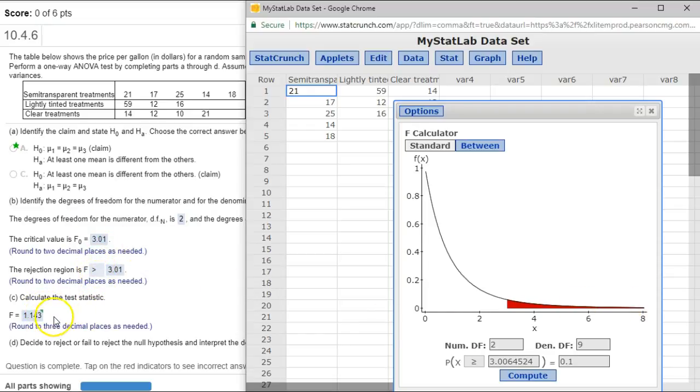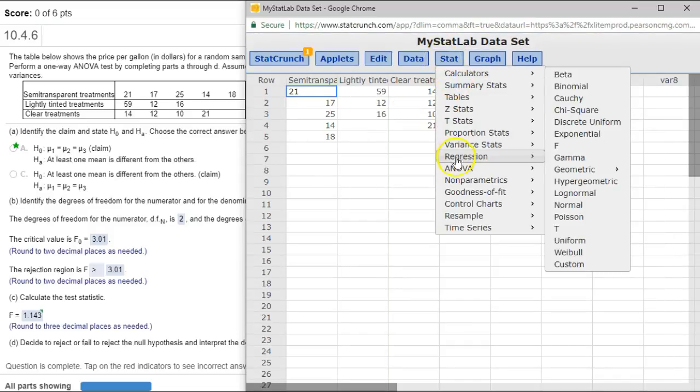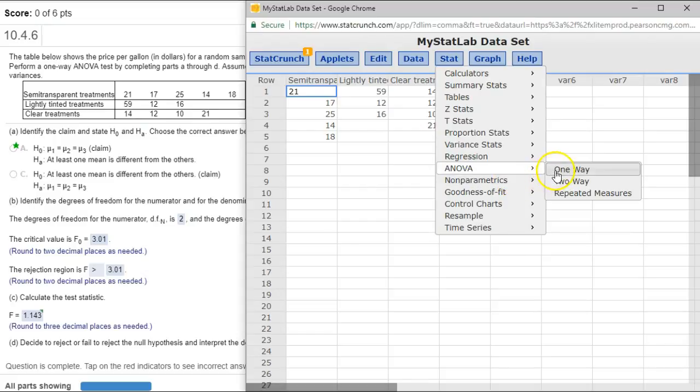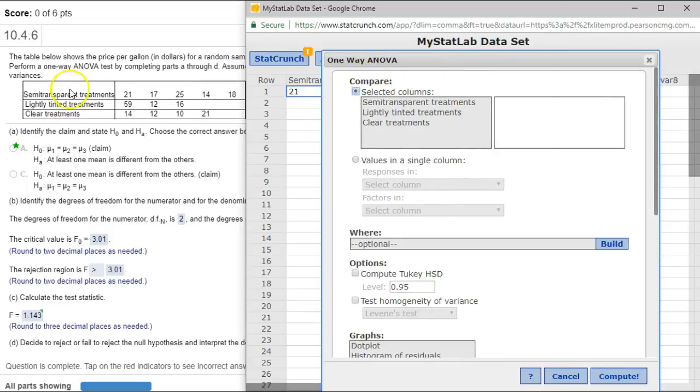And now the test statistic. If you want anything for the hypothesis test, like the test statistic, we need to go into the actual test. So we're done with critical value and region. We'll go into stat and ANOVA one way. We'll select the columns. Oh yeah, they're in columns here.